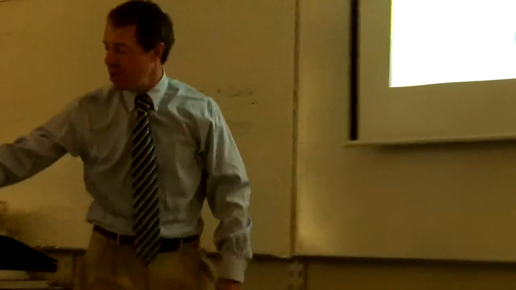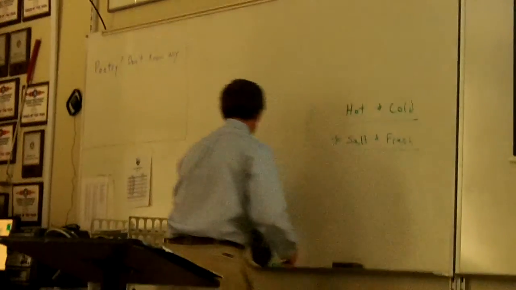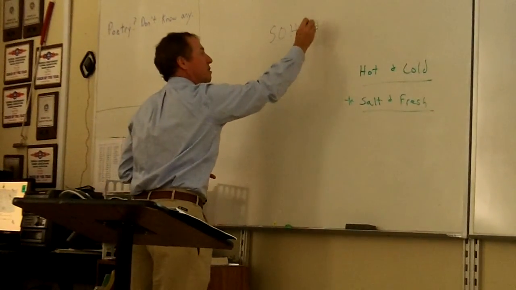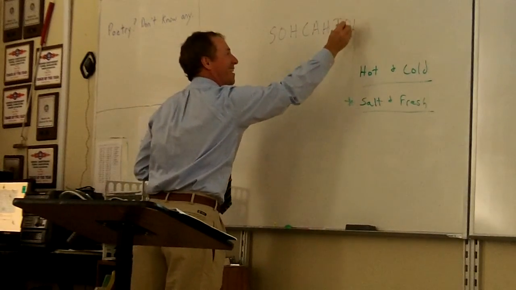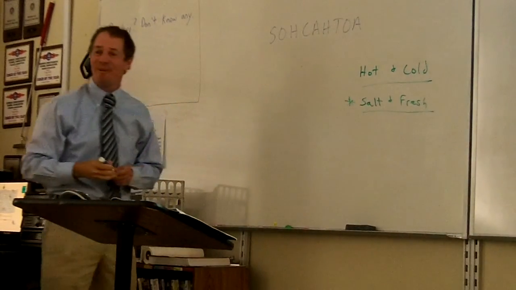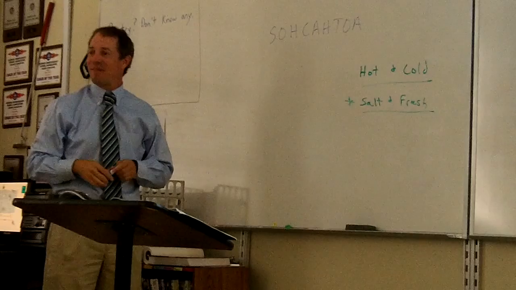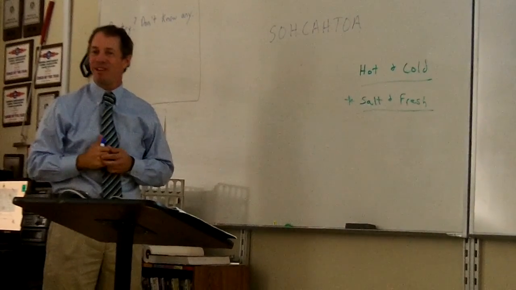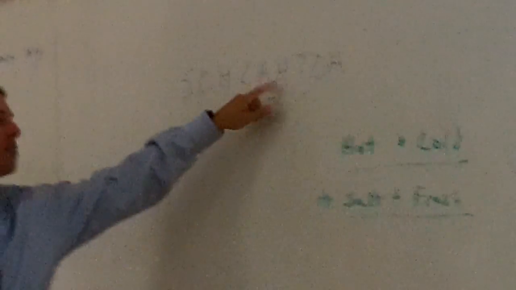We can use, do y'all remember, did y'all do in math? SOHCAHTOA. Do y'all remember that? Famous Indian chief, SOHCAHTOA? No? Do y'all learn about this in math? Sine is opposite over hypotenuse. Cosine is adjacent over hypotenuse.